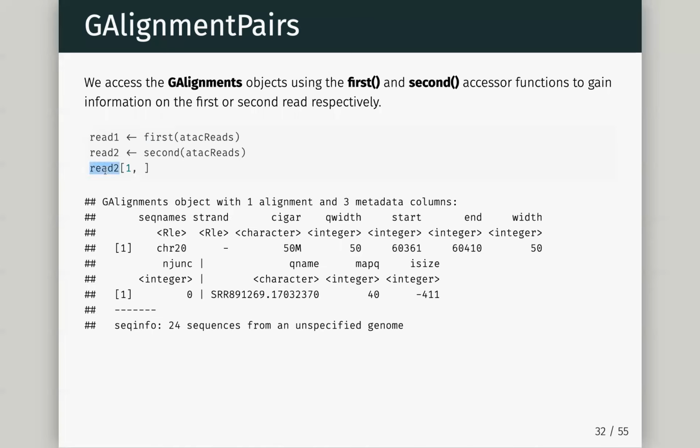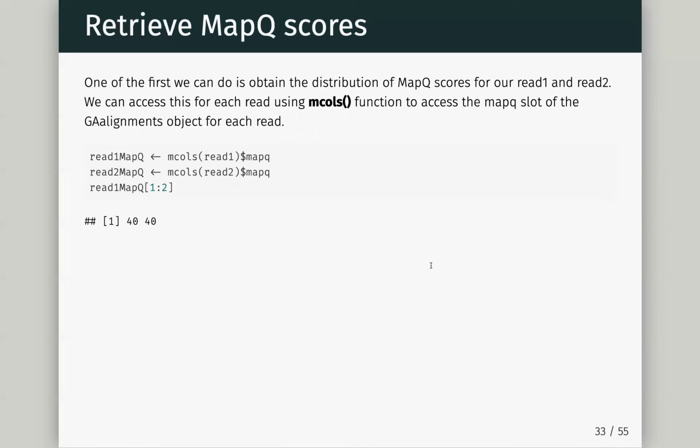And then I can just look at read 2, and we can see we now have all this information I wanted. This looks much more like the previous GAlignments object. I have a cigar, the qwidth, the actual width, the start and the end, the junctions, but I also have the qname, I have the mapq, so the quality score per read, and I have the size of the fragment, the isize per read.